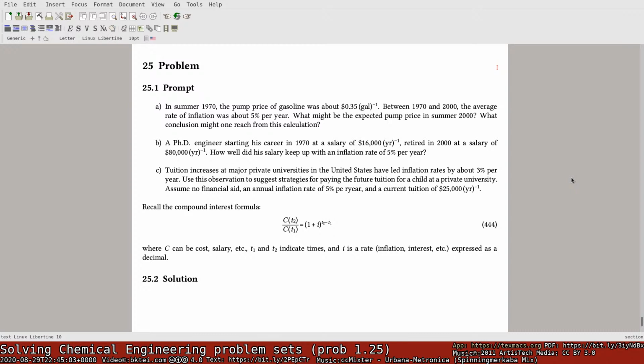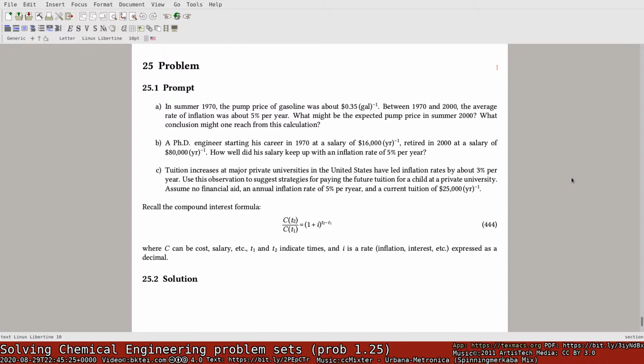Part B. A PhD engineer starting his career in 1970 at a salary of $16,000 per year retired in 2000 at a salary of $80,000 per year. How well did his salary keep up with an inflation rate of 5% per year?